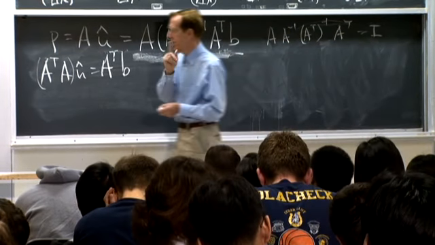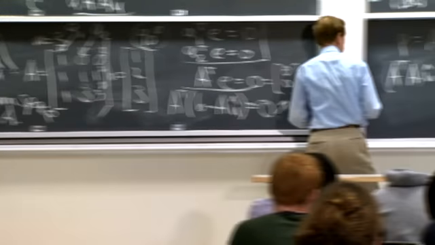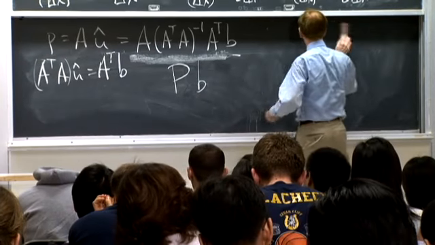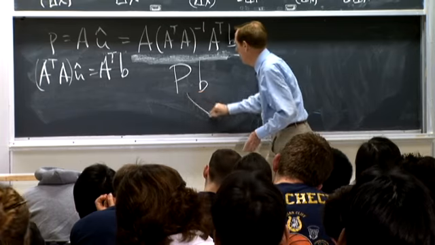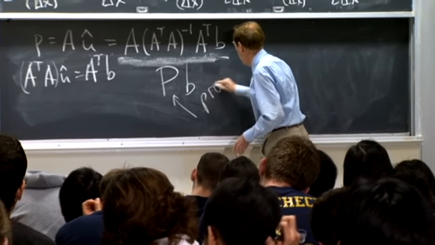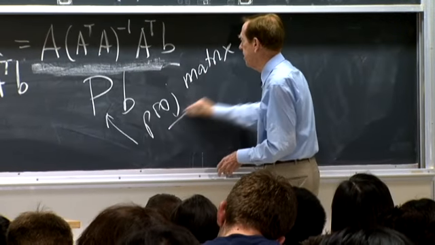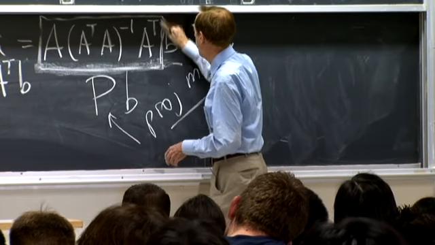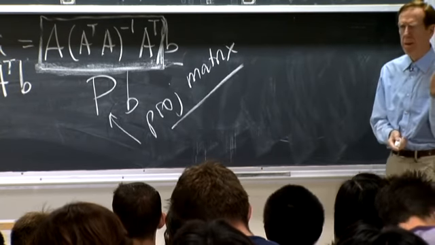Now, I want to come back to this P just to mention an important fact about P. And it comes again from the picture. So this is a projection. This is what I'm calling the projection matrix. It's the matrix that does the projection, and there it is, 4 A's in a row that multiplies B. Now, here's my little question.